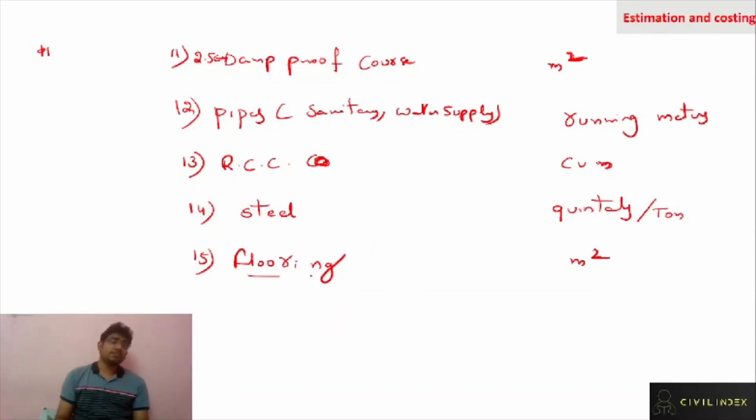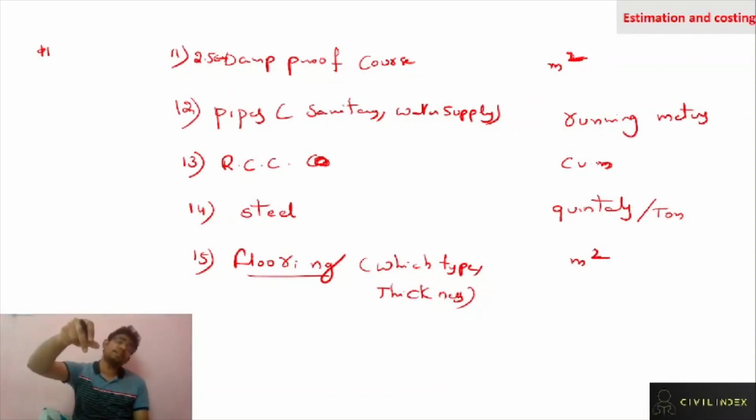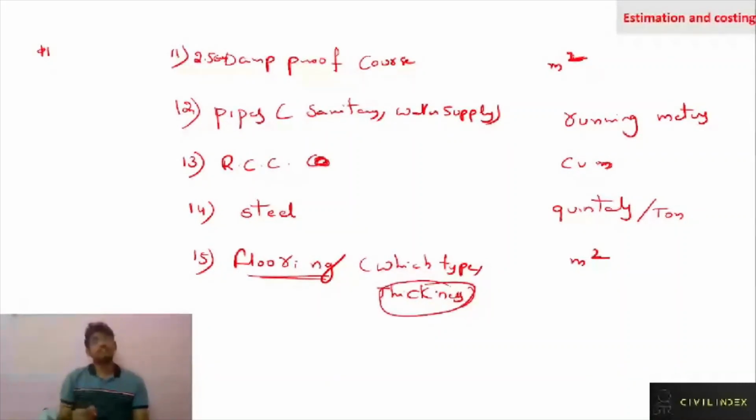Because when you say flooring, you mention which type of flooring it is and what its thickness is. You might mention marble flooring, then you will say what the thickness is, or, as a tile is manufactured directly by some other company, you don't need to mention the thickness there. But for flooring, if it is cement type or lime concrete flooring, the unit of measurement is meter square.